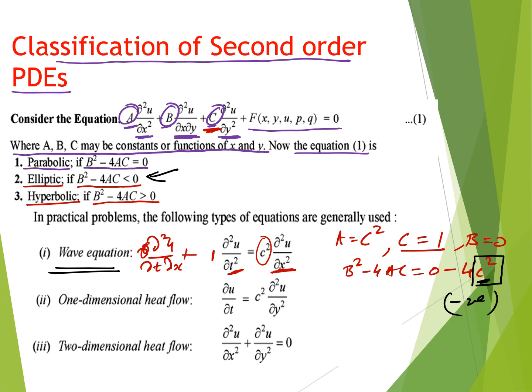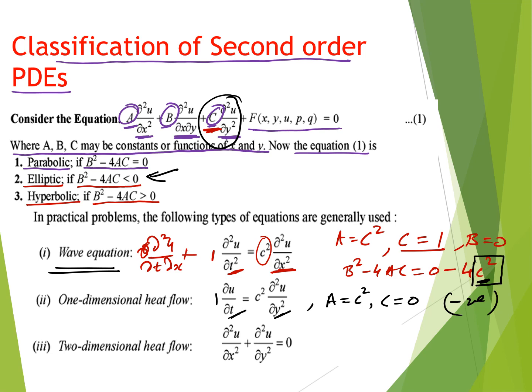Now a similar thing will be done over here. The value of a is equal to c square, and the value of the double derivative with respect to t is 0. That means the capital C, the coefficient of the double derivative for the second independent variable, over here we consider the independent variables as y and t.